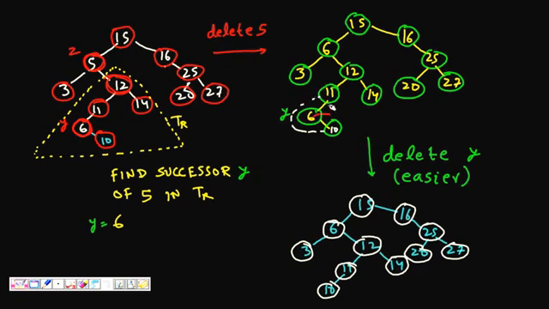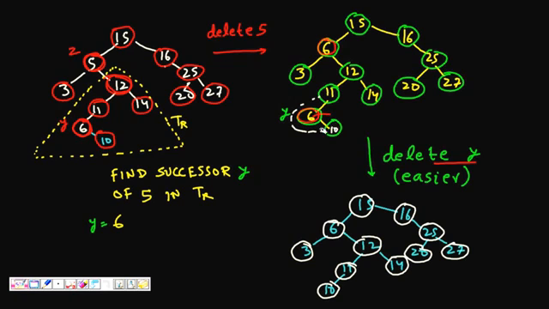And now that we have copied this here, we have a duplicate here also. So now we have to remove this duplicate. So delete y. It is easier, because y will never have a left child, because then that child would be smaller and y could never be the successor of 5. So this has at most 1 child, and even if 10 was not there, it would have 0 children.